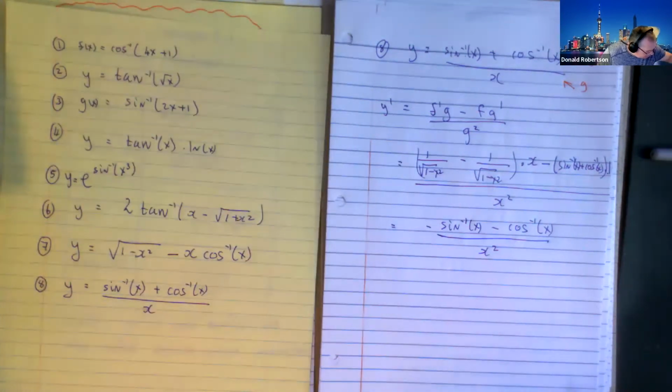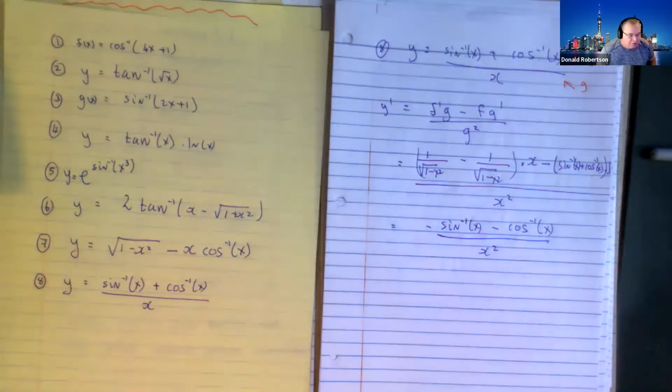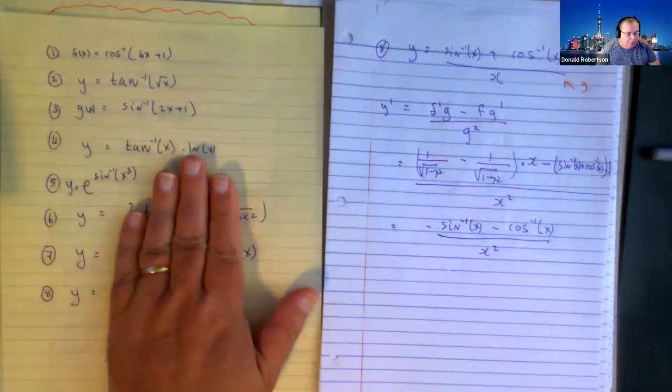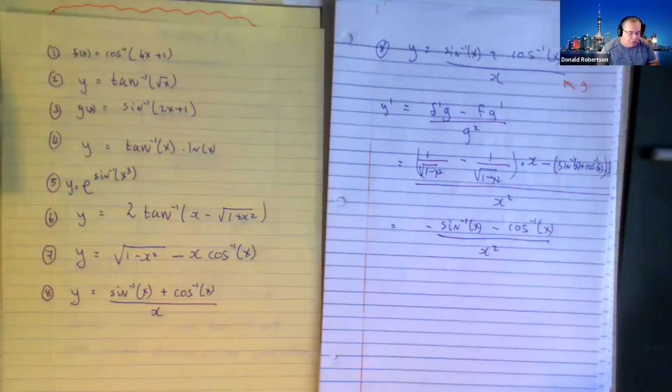with inverse trig functions. We've kind of zoomed through, actually 9, because I added one in of this type. Any questions before we move on to a totally new topic?